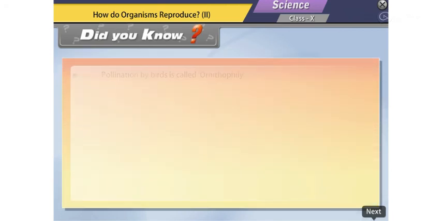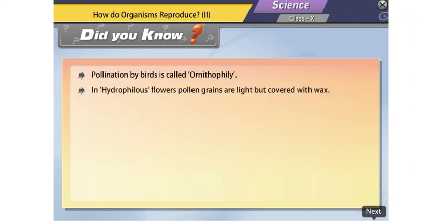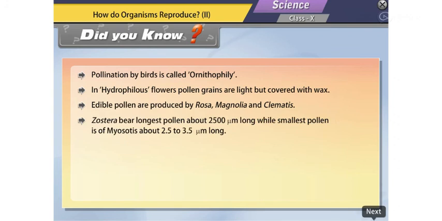Did you know pollination by birds is called ornithophilia? In hydrophilous flowers, pollen grains are light but covered with wax. Edible pollen are produced by rosa, magnolia and clematis. Zostera bears the longest pollen, about 2500 μm long, while the smallest pollen is of myosotis, about 2.5 to 3.5 μm long.